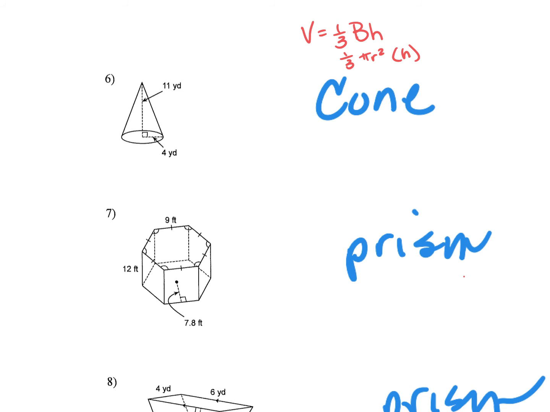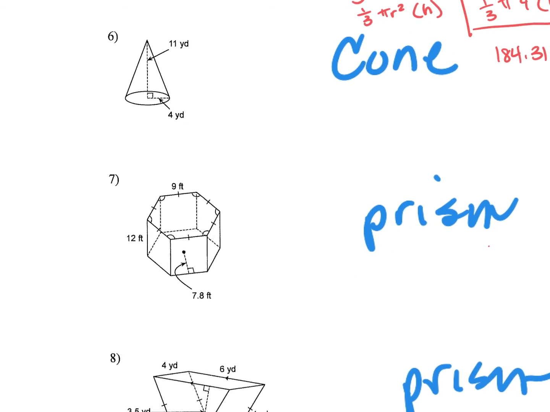So what is the radius of the cone? 4. Yep, 1/3 pi times 4 squared. And then the height of that whole cone, when you turn it upside down, is 11. You got it? So you can put all of that in your calculator. You can use the pi key or put the pi in the calculator. I don't care which one you do. 184.31 yards cubed.